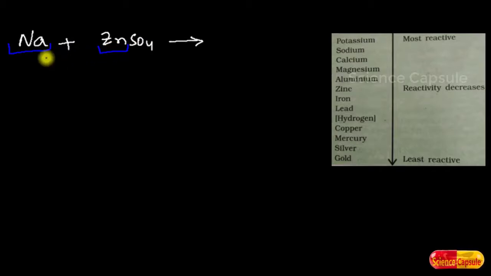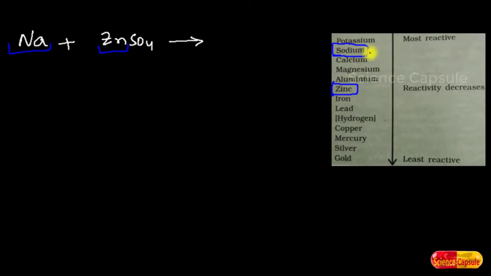In order to find which metal is more reactive, we have the reactivity series. Let me find sodium. Here we have sodium, and zinc we see here. The element which appears above in the activity series compared to the other metal is the more reactive element.